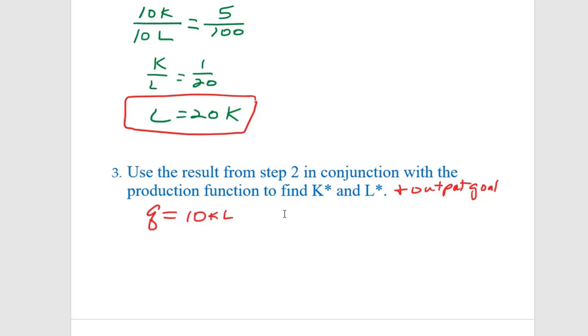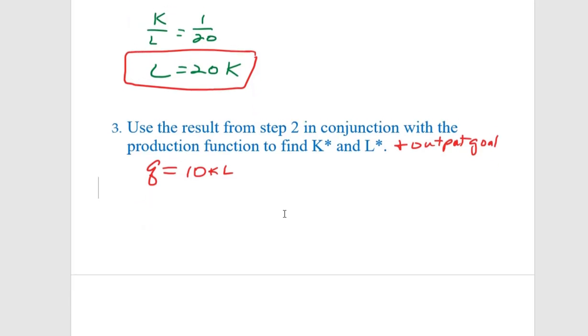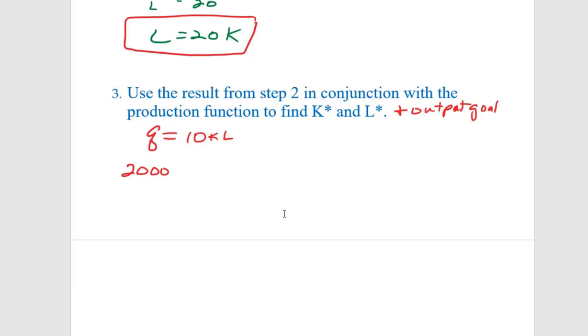Recall that the output goal was 2,000 units. So we plug in 2,000 where the Q is, equals 10 times K, and then L is a function of K, so where the L is, I can plug in 20 times K. So the left-hand side here is still 2,000. On the right-hand side, I really have 10 times K times 20 times K. So that's 200 K squared.